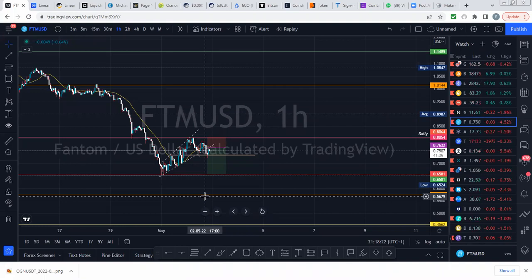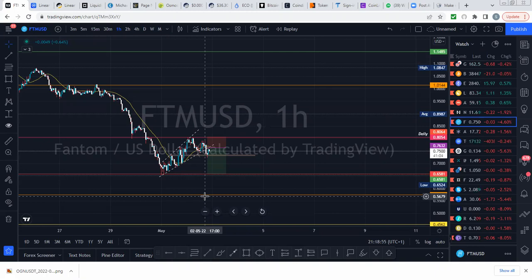So from Fibonacci, which figure would you make your entry? At 61.8. Mind you, it's not negative 61, no, 61.8. You can still make your entries at 50%.